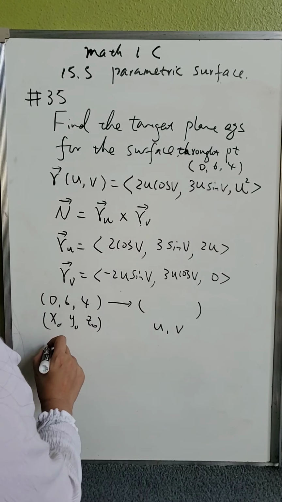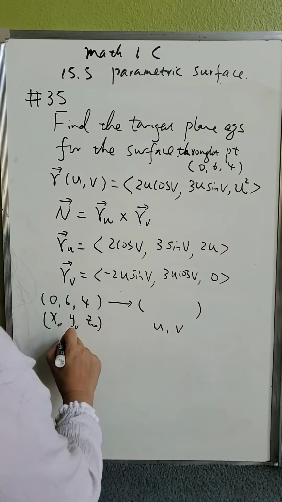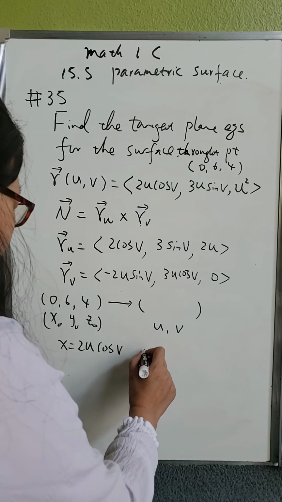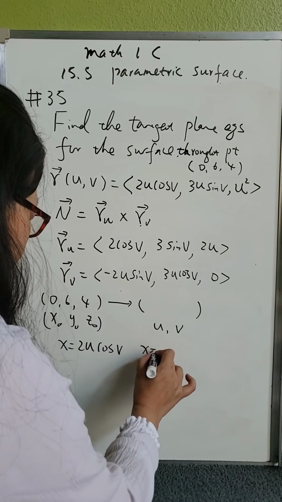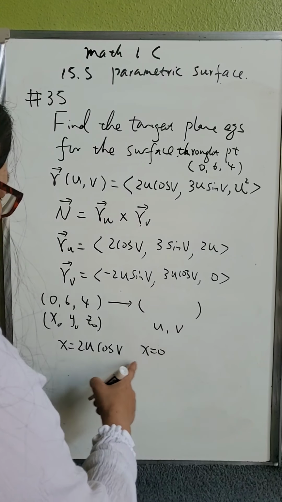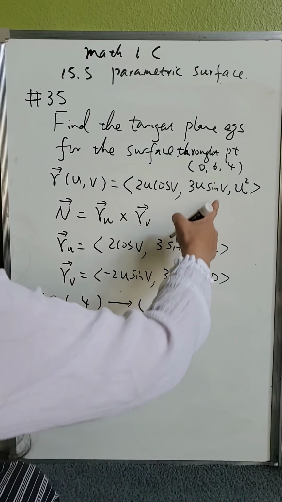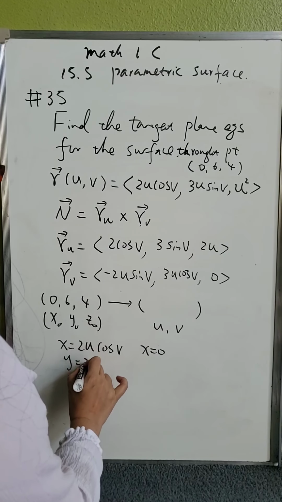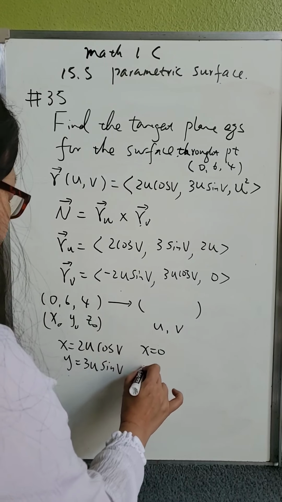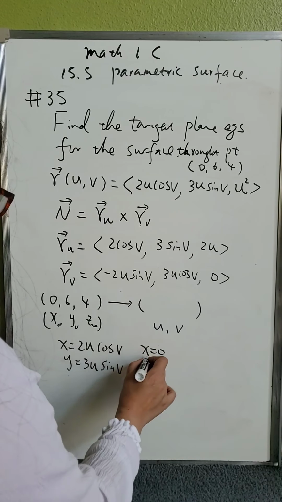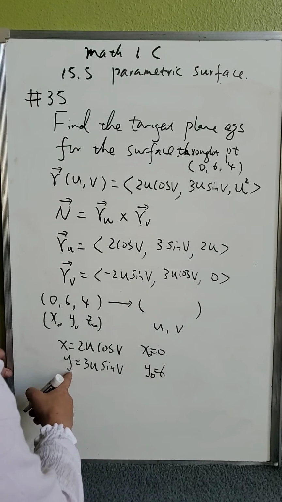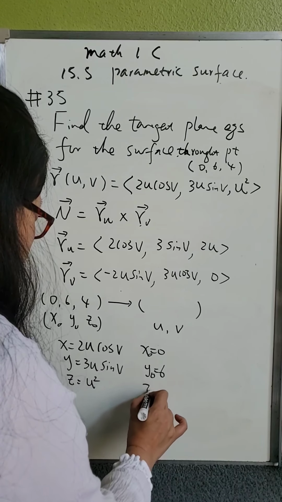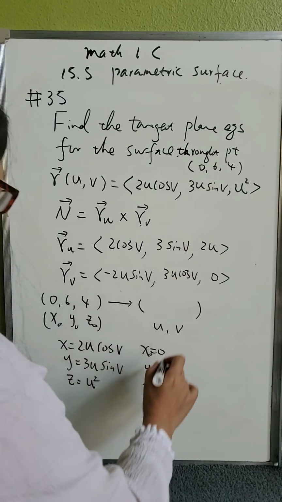So this is x, y, z. x is equal to 2u cosine v, and x is equal to 0. And y is equal to 3u sine v, and y is equal to 6. And z is equal to u squared, and z is equal to 4.